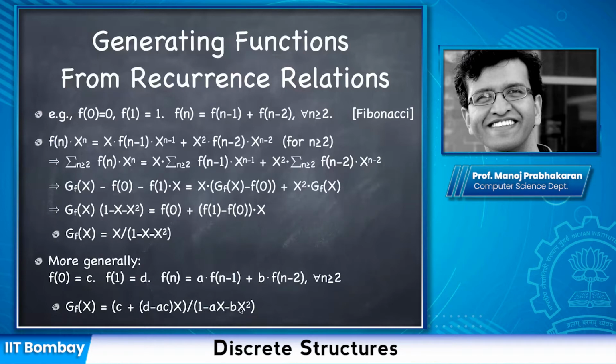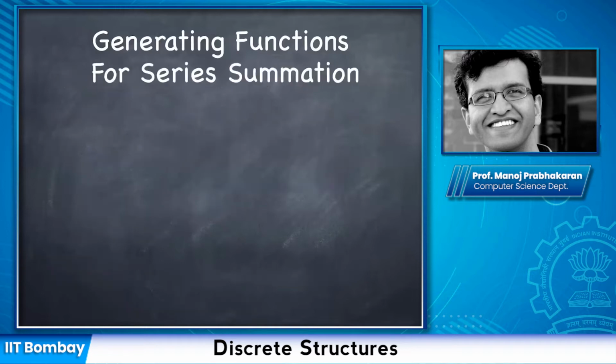Okay, so you can derive this yourself. And so that's a generating function for a more general recurrence relation, from which we'll see shortly you can get the closed form, which we already did in a previous video where we proved it inductively.